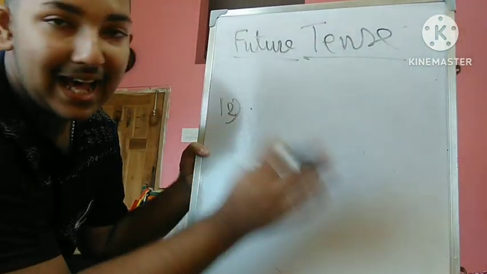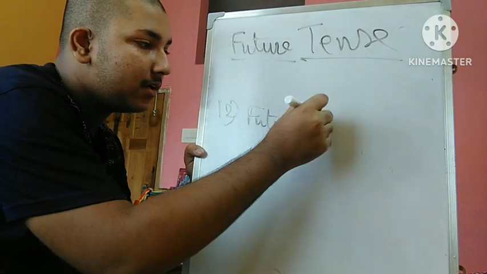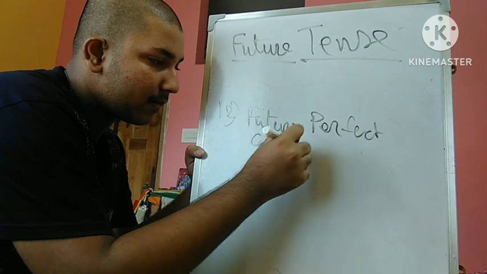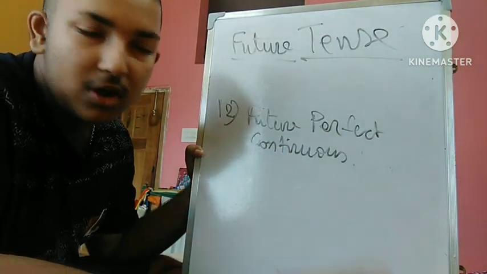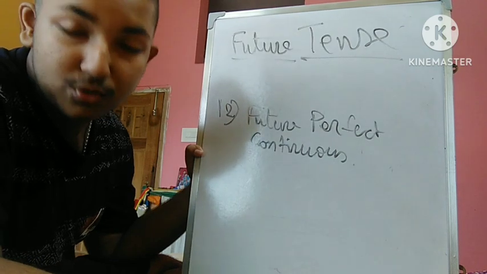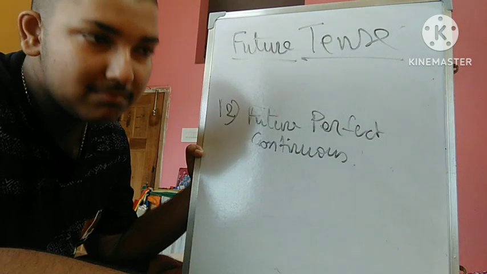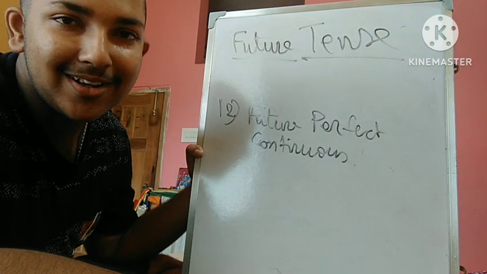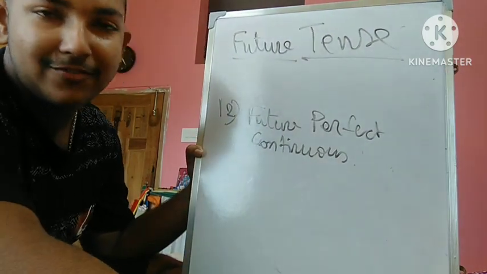Now moving to the last tense of this video, that is future perfect continuous. As I have already told you, it does not have as much use as the tenses we have learned before, but as a matter of formality, we have to know the formula of this tense.